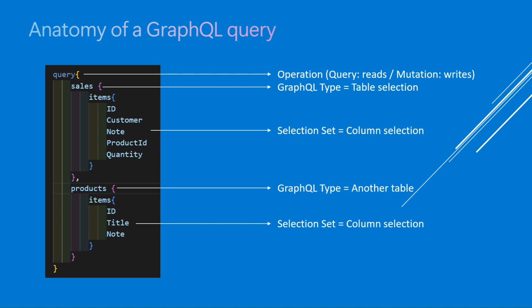The selection set is the fields that you want to retrieve, and that would be the column selection from the database. In a single query, you can basically request data from multiple types, and you see in our demo also you can create relationships between those types very easily, and basically consolidate the data even more.